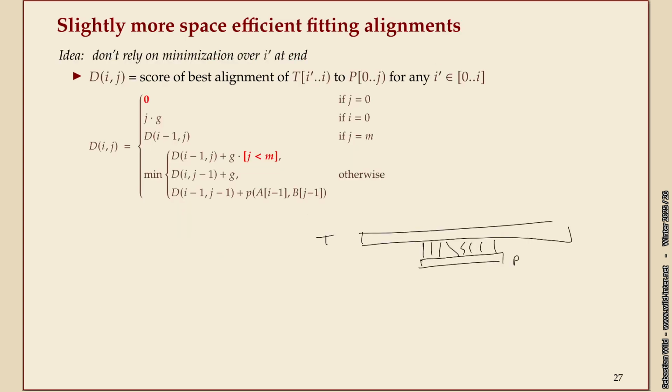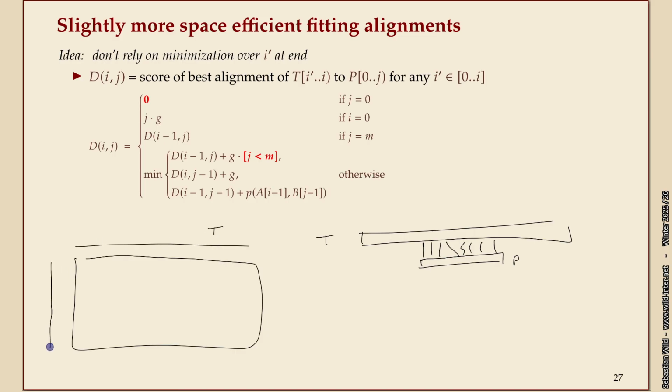Annoying. Let's look at this one. I swapped the roles of A and B. Here, I wanted T to be the string that's horizontal, and P the one that's vertical. T is here, and P is here. In the other chapter, the matrices were taller than wide.